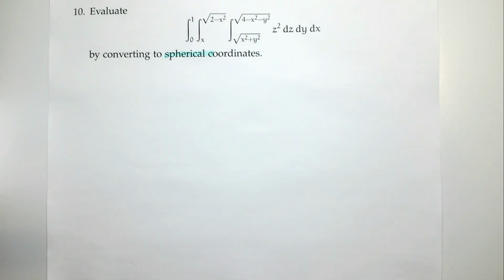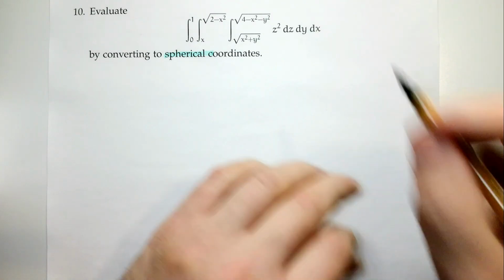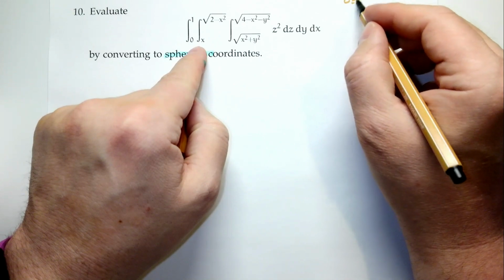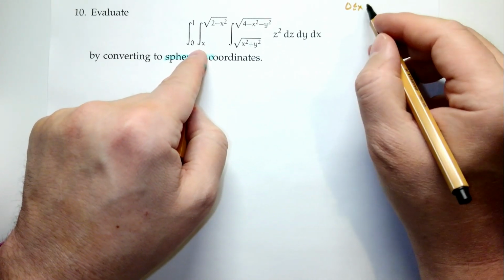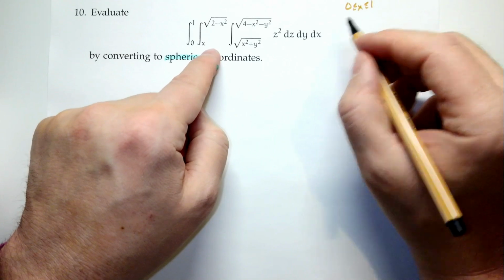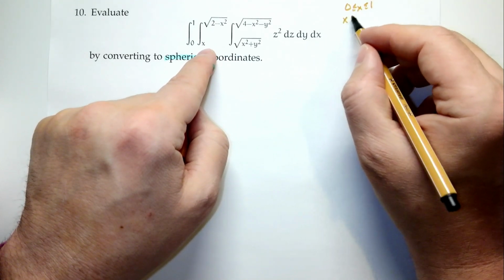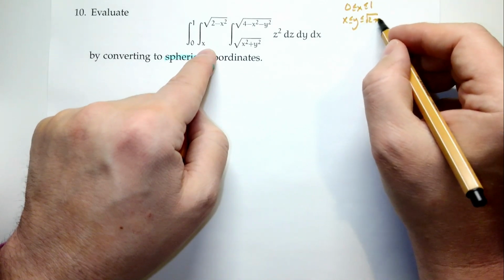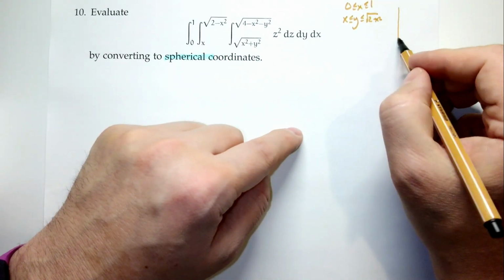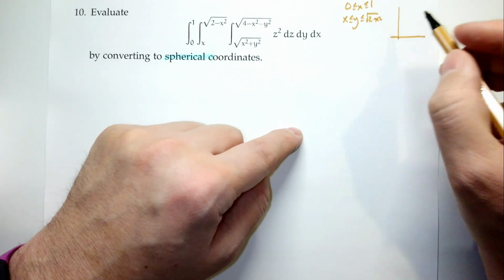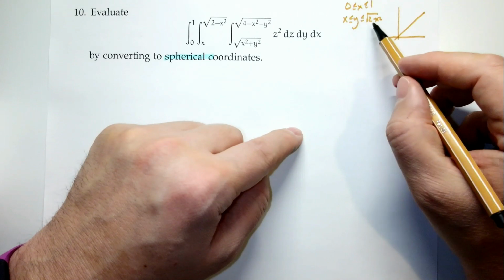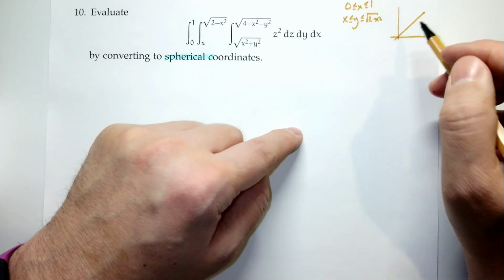So let's begin again. All right, so be careful. What can we say about x? Well, x goes between 0 and 1. All right. How about y? Well, x is less than or equal to y, less than or equal to the square root of 2 minus x squared. If we combine these pieces of information together, we have y equals x. We have y equals the square root of 2 minus x squared. Very similar to the last problem.